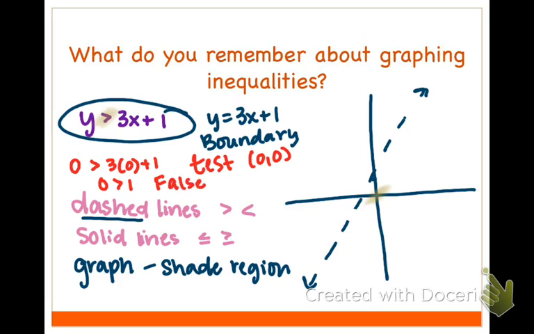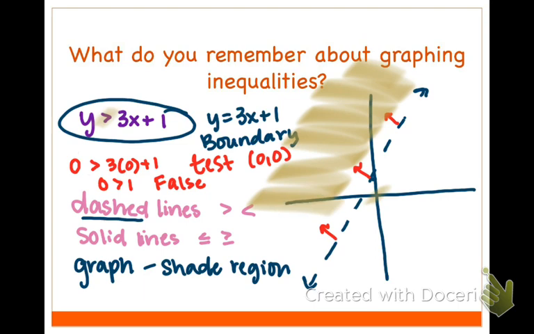So because it is a false statement, I do not want to shade the side with 0, 0, but rather I want to shade the side above the line, the one that does not include 0, 0, because it gave me a false statement. So I get that this entire region here is what I want to shade, and that is my graph for my inequality. The entire half of that coordinate plane above that boundary line.